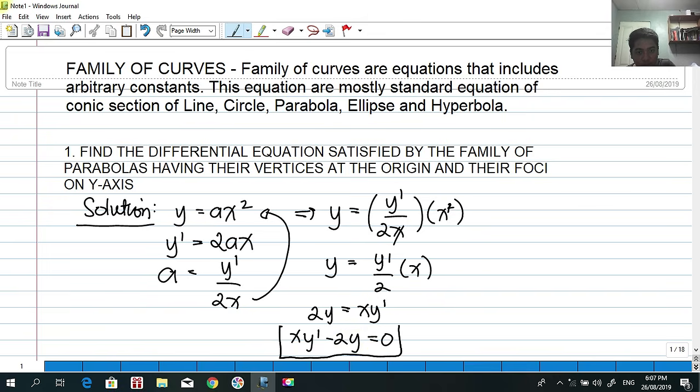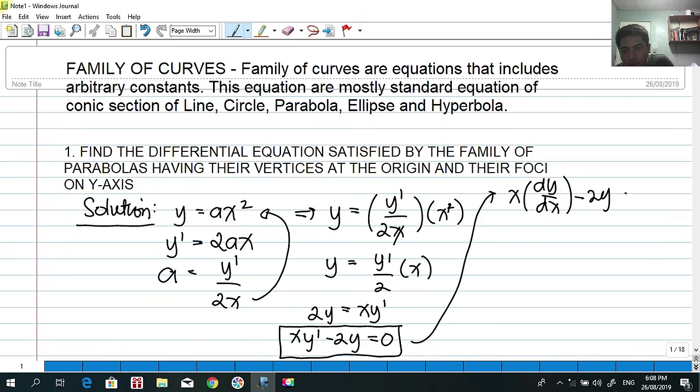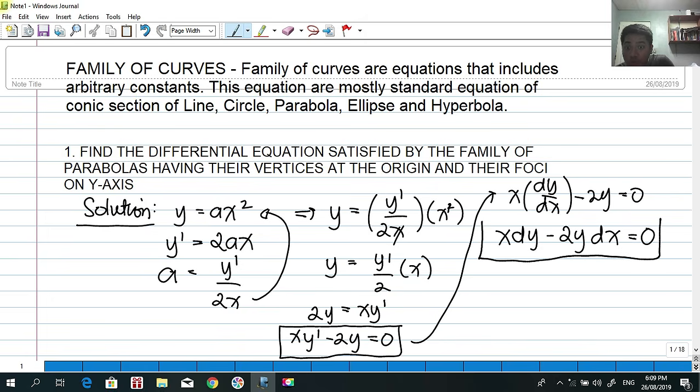This will now be the differential equation of the family of parabolas having their vertices at the origin and their foci on the y-axis. Or in other words, we can rewrite this as x dy over dx minus 2y equals 0, so we have x dy minus 2y dx equals 0. We can also have this as the final answer.